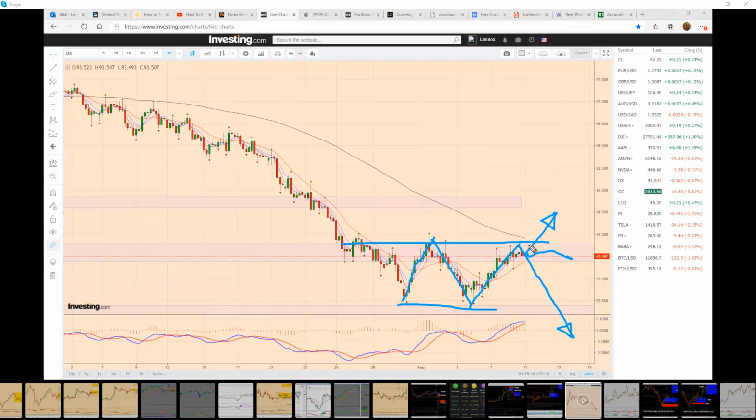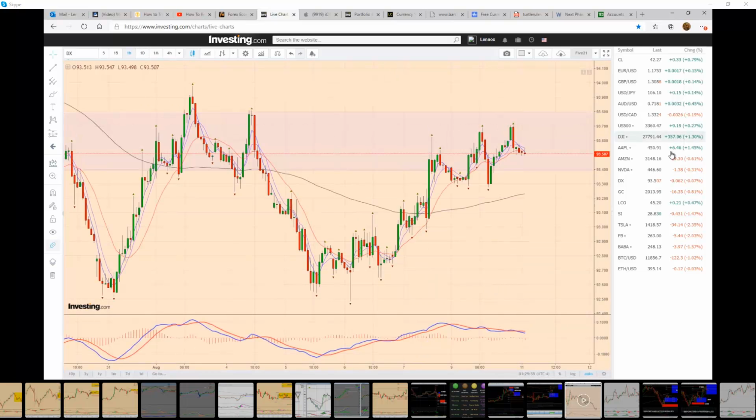There are only three possibilities. My expectation is that we're coming back down. We always have to have an expectation of what the charts are going to do, and this would be my expectation.